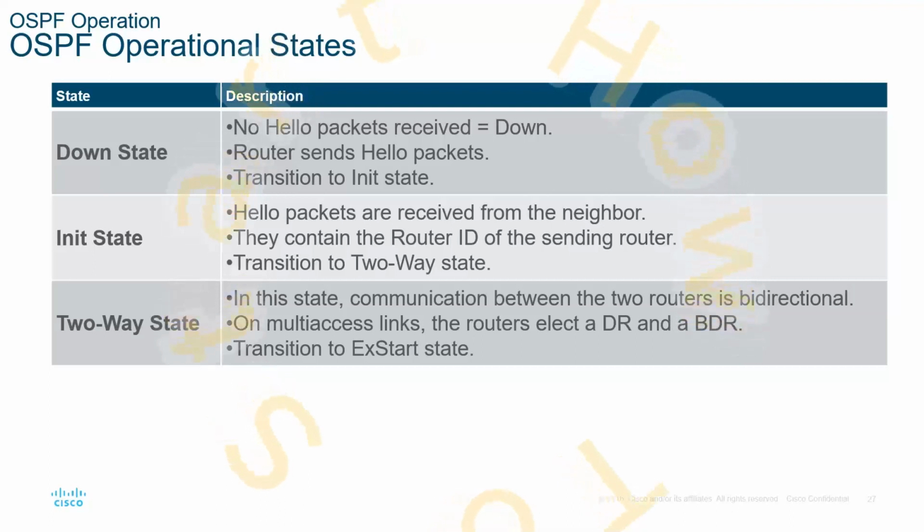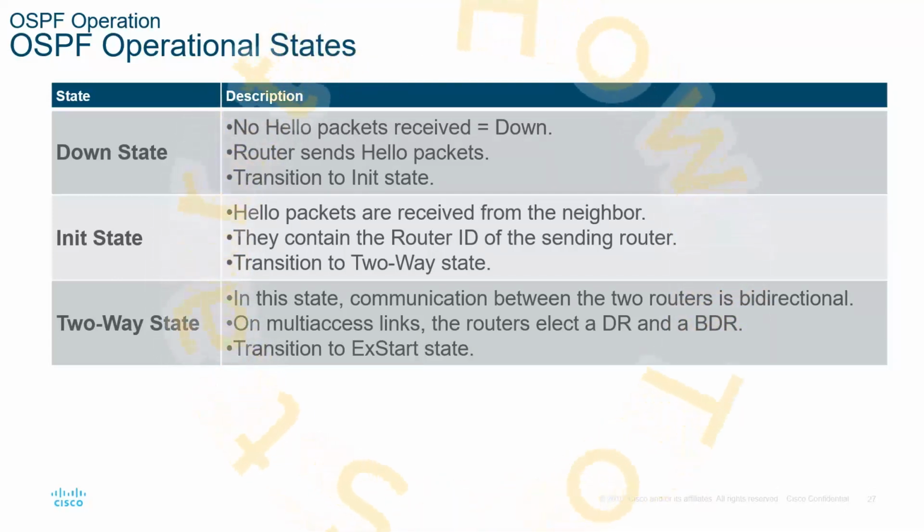The down state is the initial default state. Basically, the router just turns on. There is no hello packet received, so it's down. The router will then send hello packets, and it will transition to an initiate state. The initiate state basically is when you receive a hello packet from your neighbors. They contain the router ID of the sending router, and this will transition to a two-way state.